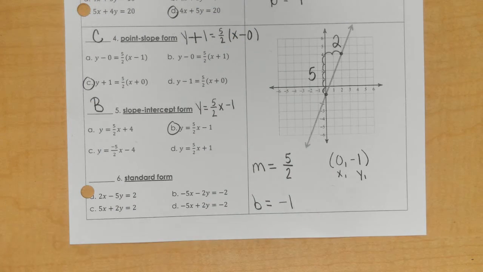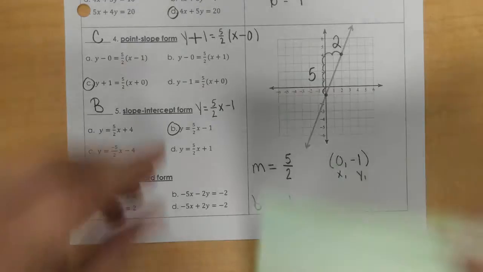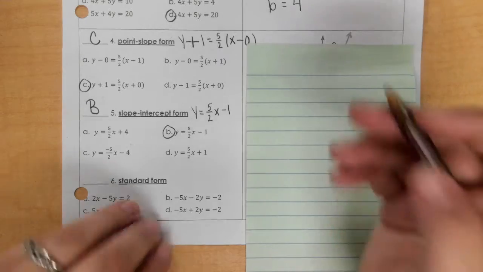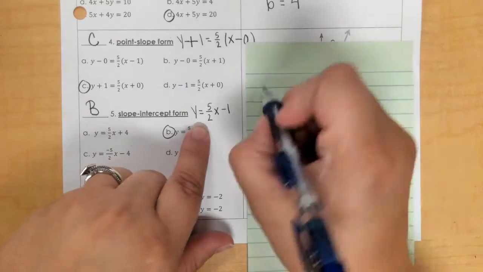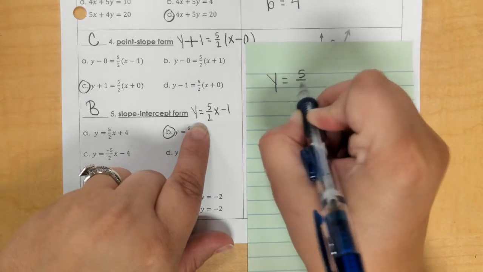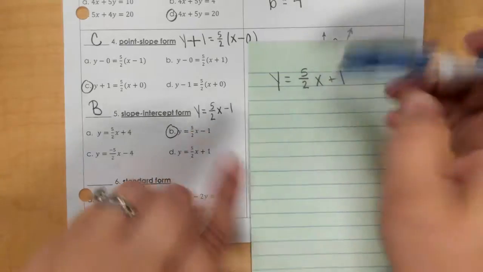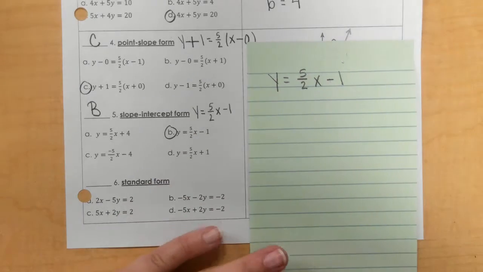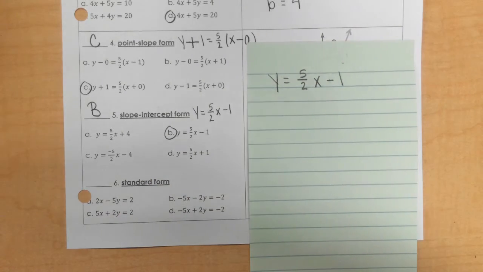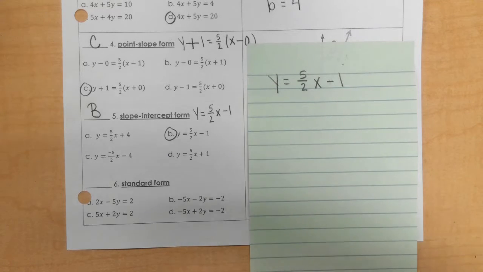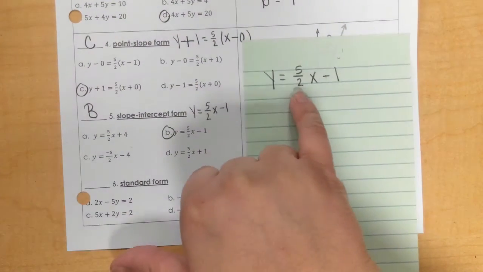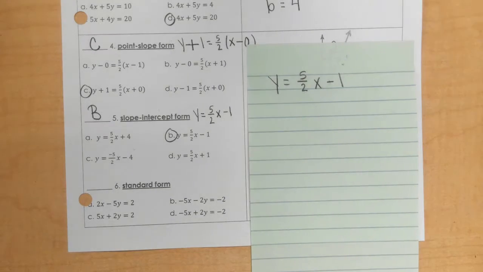Now, over here, for standard form, we have to take that original equation for slope-intercept form and get x and y on the same side. But we're not allowed to have fractions as coefficients. Coefficients are the numbers in front of a variable. For y, that's an invisible 1. But right here, it's a 5/2, which, again, we can't have as a fraction.